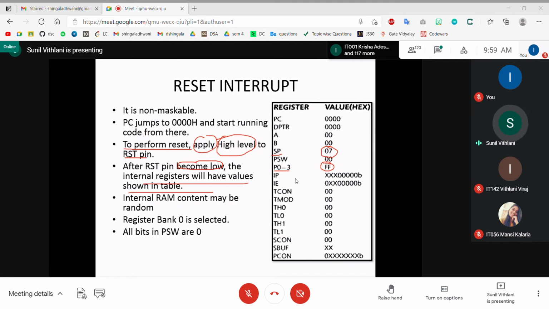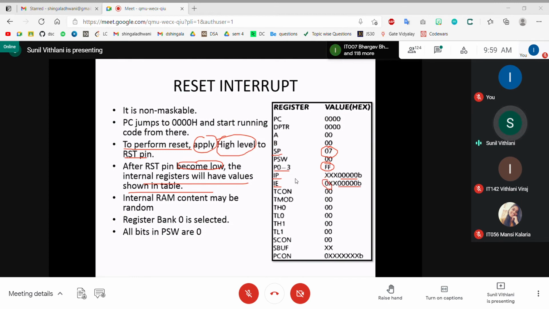All 4 ports will be 1111. What will be the status of the interrupt priority special function register? It will be 0000. Same way, what will be the interrupt enable? As we just discussed, it will disable all the interrupts.